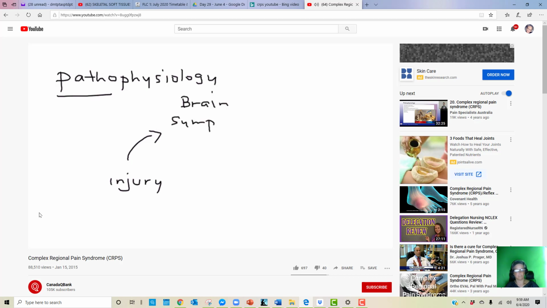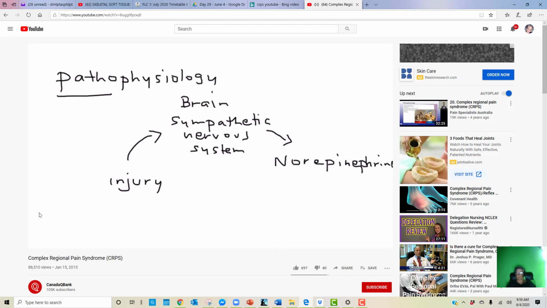And then what happens is the brain, in particular the sympathetic nervous system, responds by releasing a neurotransmitter. The neurotransmitter that we're referring to is norepinephrine. As many of you know, it causes some effects on the body, and one of those effects is vasoconstriction of the vessels.